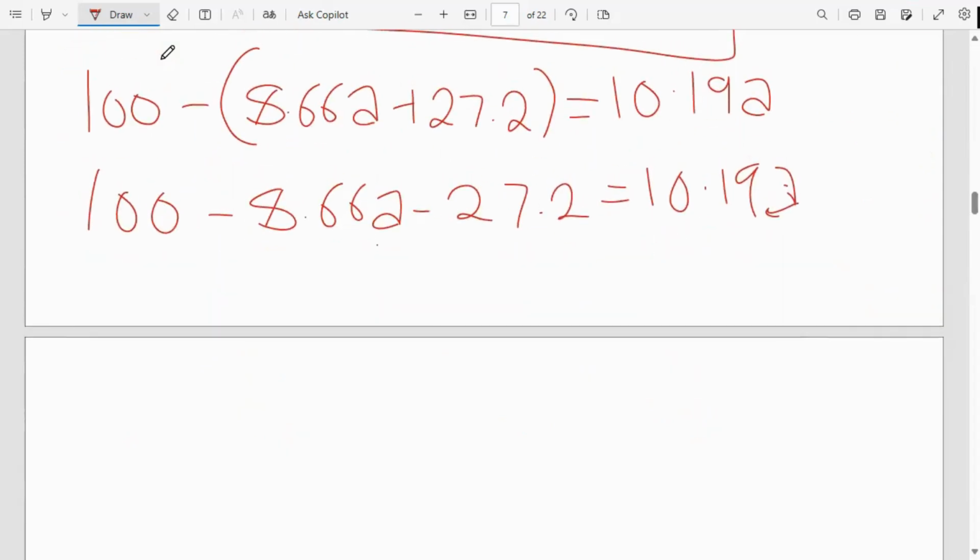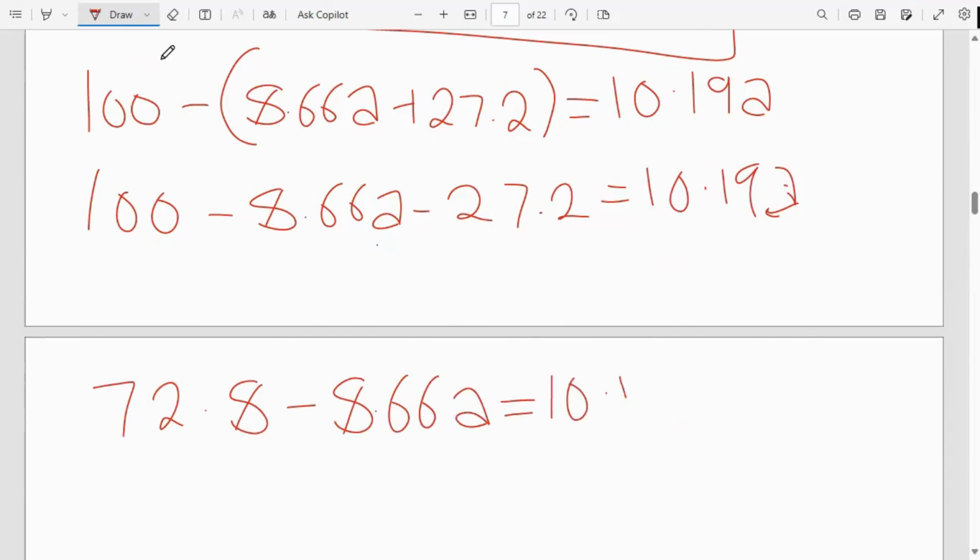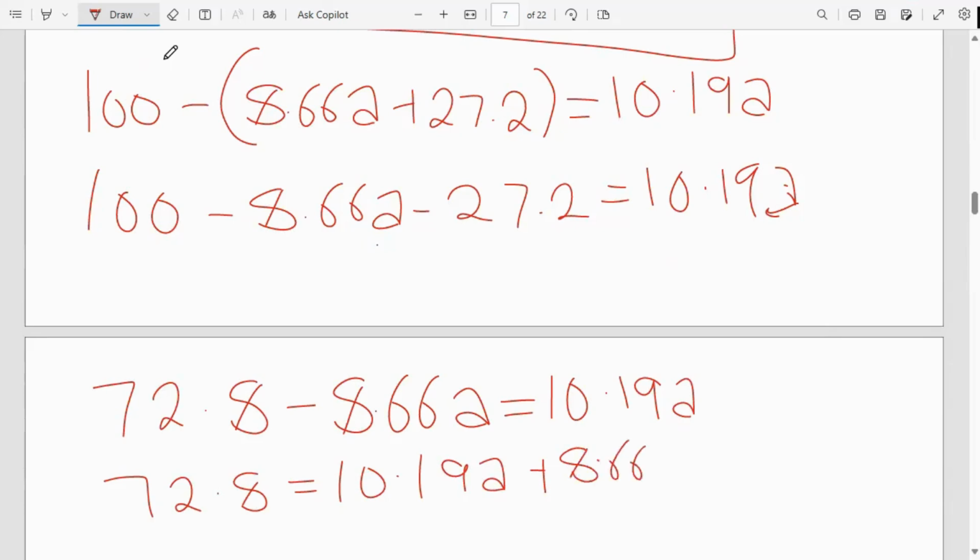So 100 minus 27.2 is giving me 72.8 minus 8.66A. This will be equal to 10.19A. So 72.8 will be equal to 10.19A plus 8.66A.